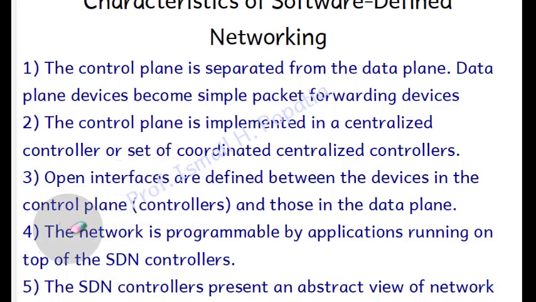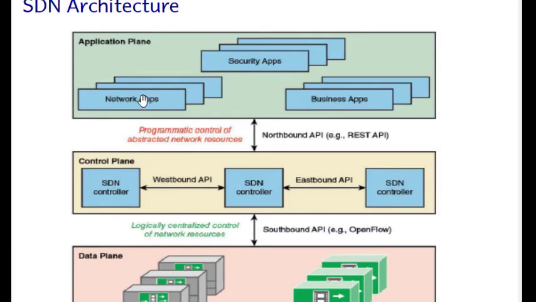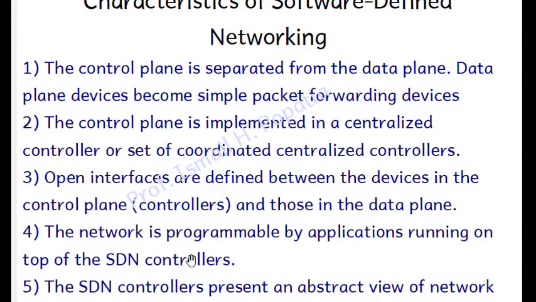Then the network is programmable by applications running on top of the SDN controllers. We can have various applications running over the SDN controllers, as we have seen here: network applications, security applications, and business applications.